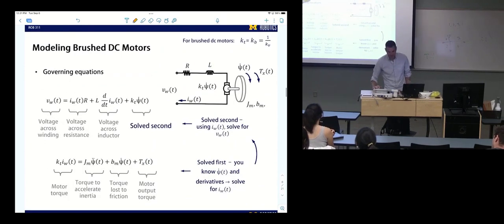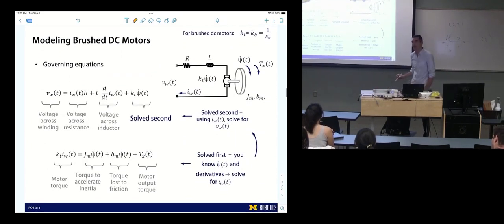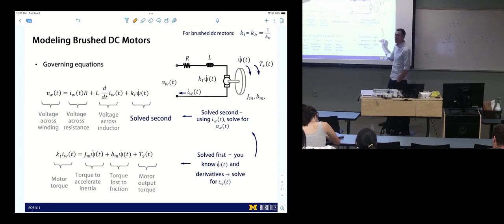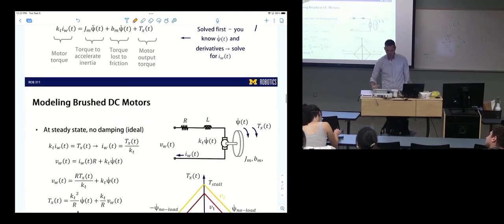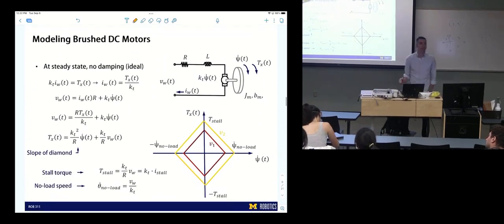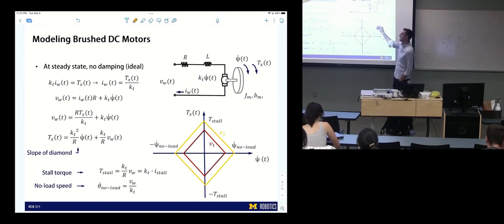We talked about solving these equations, how we would do this if we define our outputs, our output mechanics. We would first solve the equation for current, plug that in, numerically differentiate, and solve for voltage. We talked about the linear nature of motor torque-speed curves, where they have this slope, K_t squared over R, and that a diamond represents an applied voltage.